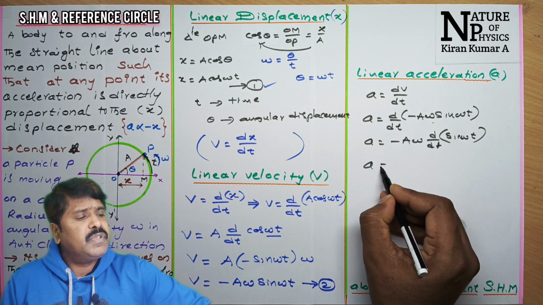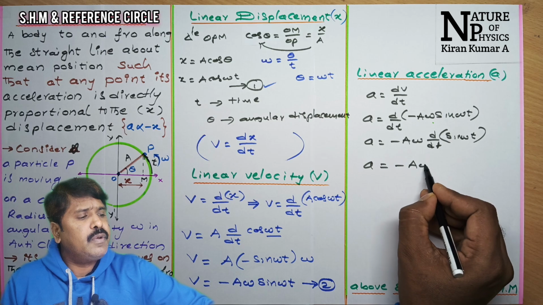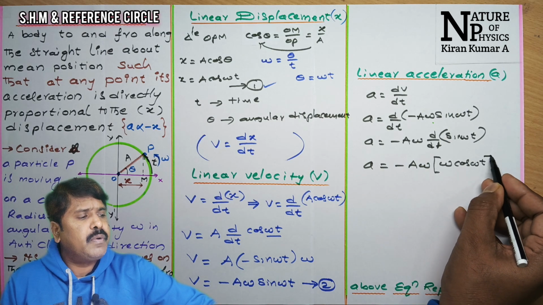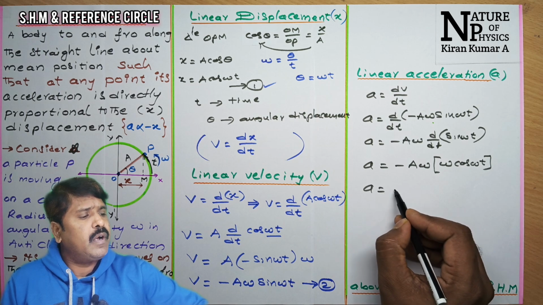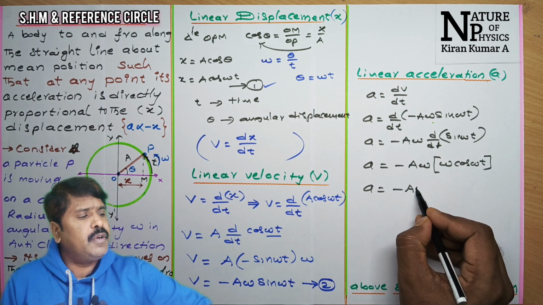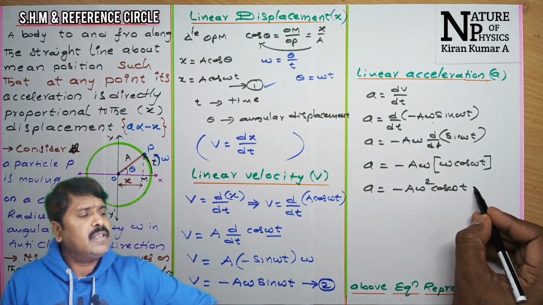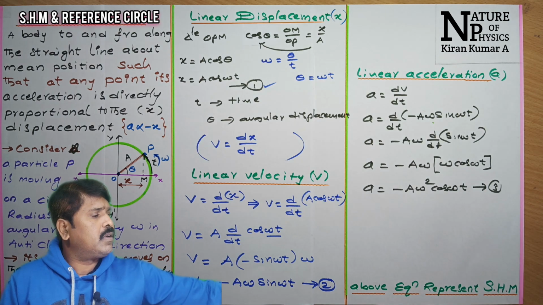So a is equal to minus A into omega, that is, minus A omega square cos omega t. This I can write as equation number 3.